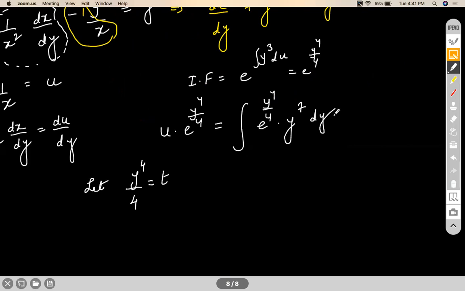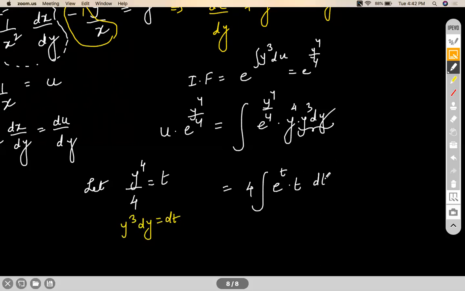So let y to the power 4 by 4 be t. In other words, you will have y cube dy is equal to dt. So I'm going to break this up as y to the power 4 and y cube, so that this can be clubbed under dt. So e to the power t, this is going to be 4t, this is going to be dt.